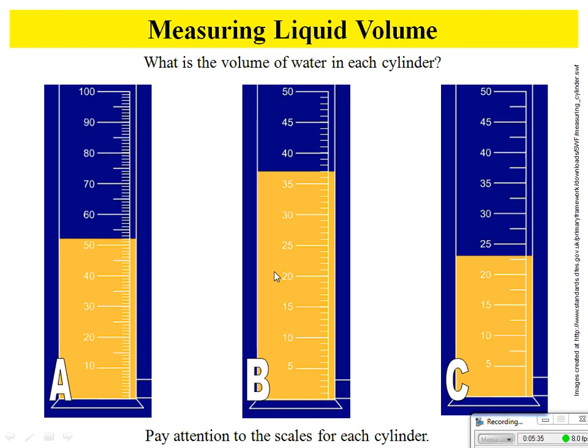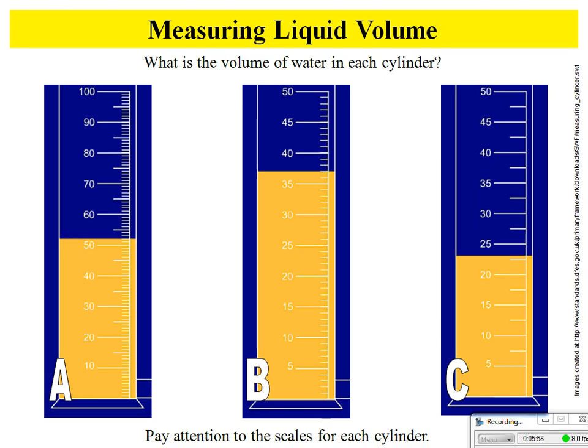So now we want to practice measuring using a graduated cylinder. Now, there is no meniscus on these, so we're just going to read it to get some practice on how it is to read these cylinders. So please make sure you pay attention to the scales. All of the scales on these cylinders are different. So why don't you answer A, B, and C? Pause.